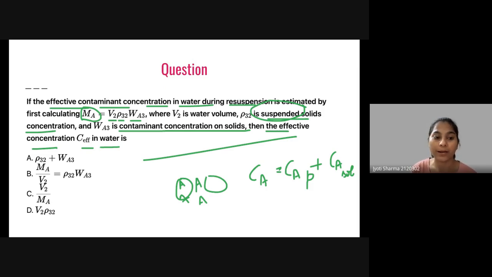if we want to calculate the effective concentration, then what will it be? So this is something that you can say the mass of A is V2 rho 32 WA3, right?